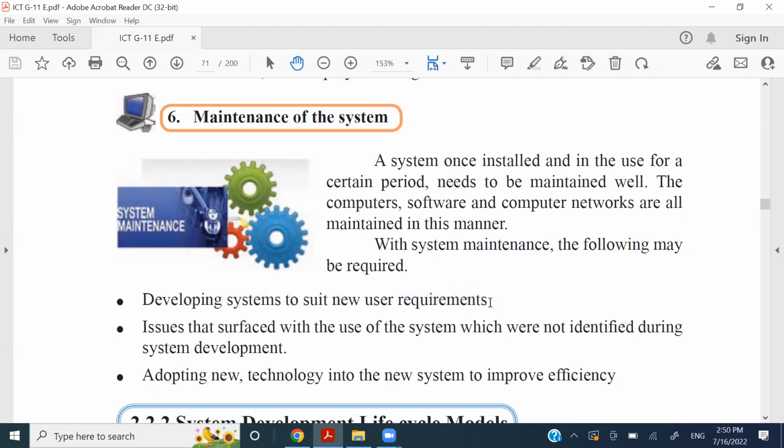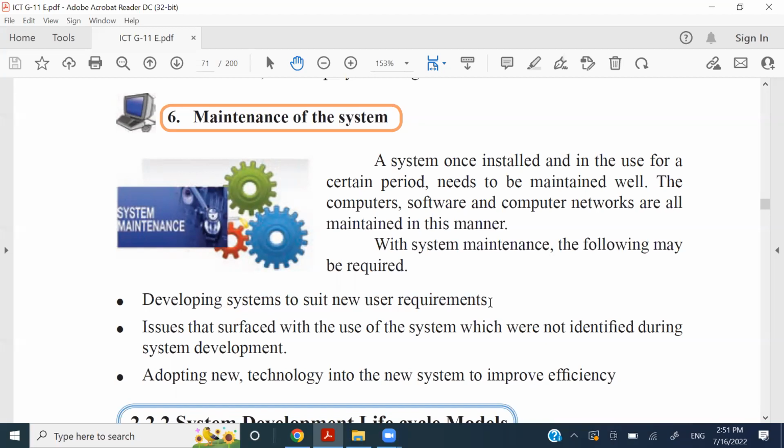So there will be new user requirements, and those requirements will be matched. Now, here a new user requirement means some small things, not the major part. If it is going to be a major part, it's not going to be system maintenance. It's going to be another project.